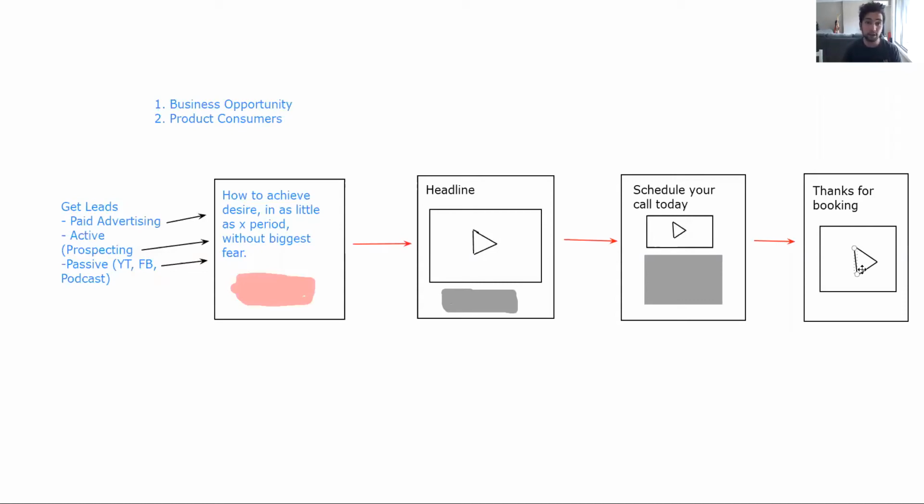That's what I should mention before we start getting leads: you need to have your target audience. Then you get your leads, then you take them to your capture page, where your video, presentation or webinar is. Once you present your offer, they can click and schedule their call, and then they get the thank you page. And that's all it is.